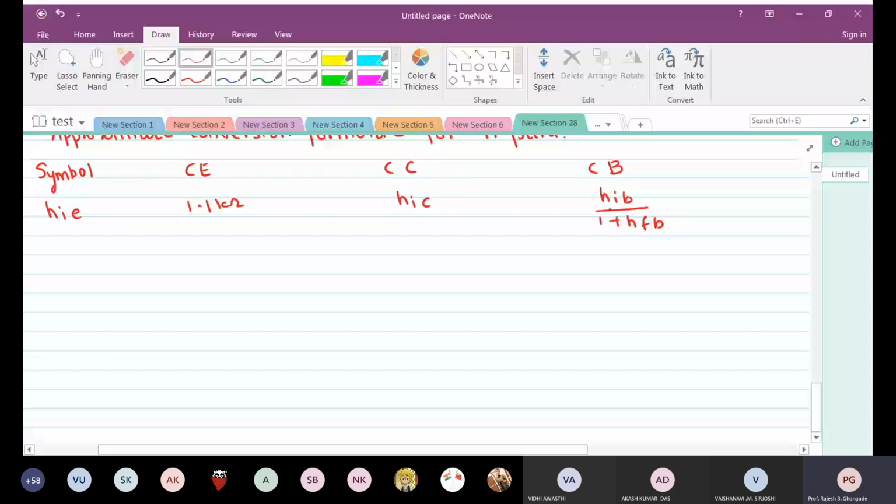So these are the conversions. Given H parameters for common emitter, you can convert into common collector or common base, and so on.